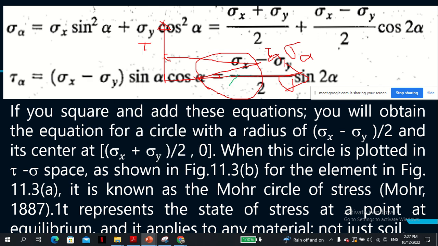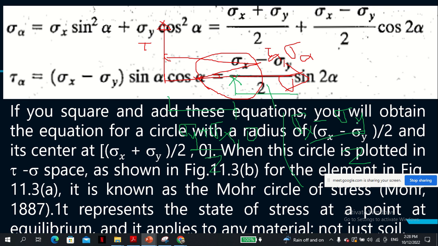And of course, what is important here is sigma y plus sigma x over 2. That is the center, and the radius there is sigma x minus sigma y over 2.